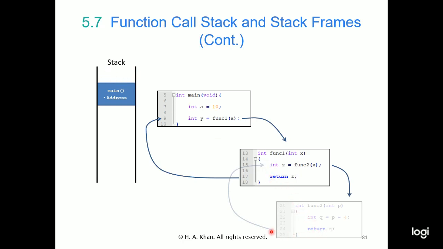And then when you come back from function 2 to function 1, and then from function 1 to the main function, the variable Z will be discarded once this information is popped, because you will not need it anymore, so it doesn't really matter.